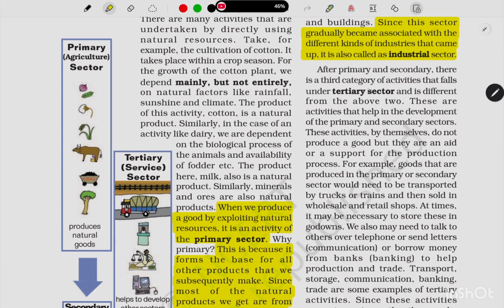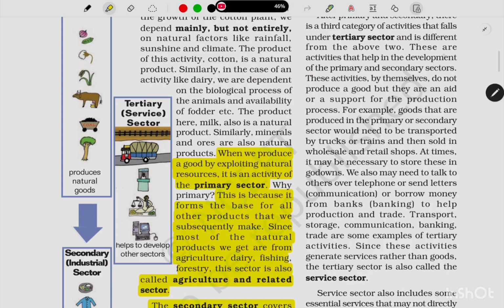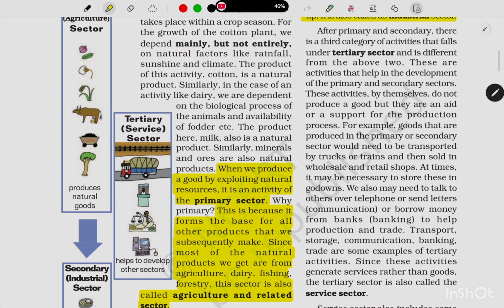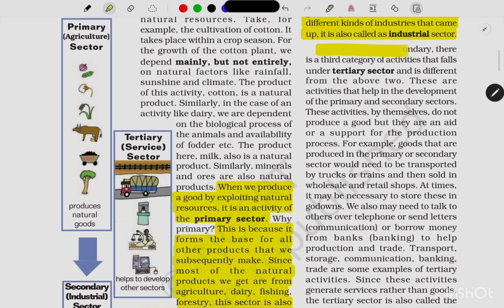After primary and secondary, there is a third category of activities that falls under the tertiary sector and is different from the above two. Why?